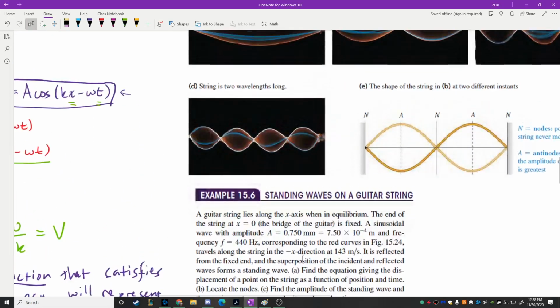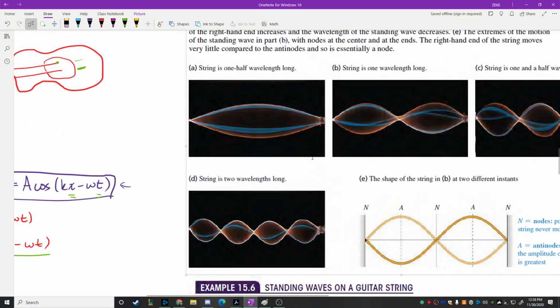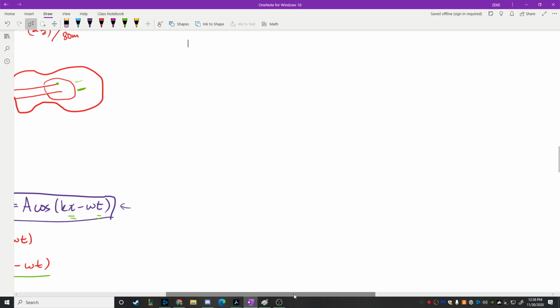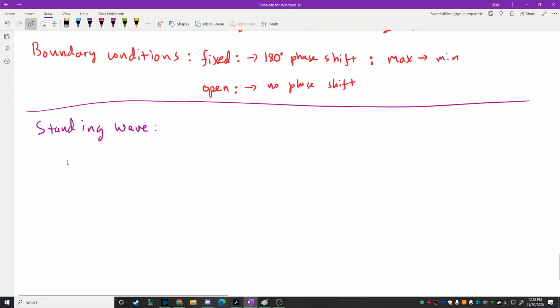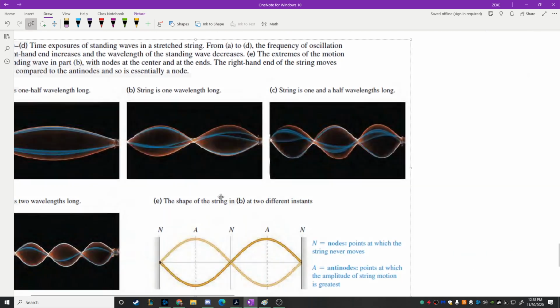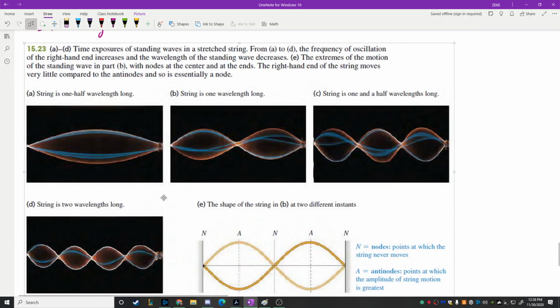Those are standing waves. This is a huge picture. I can barely fit it on the screen.